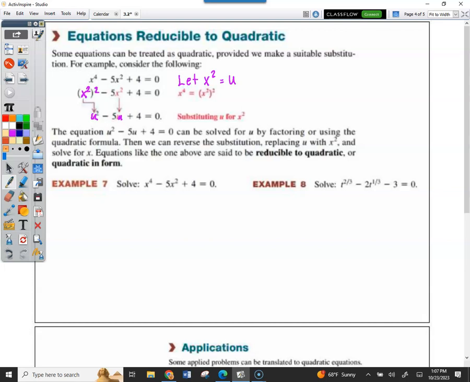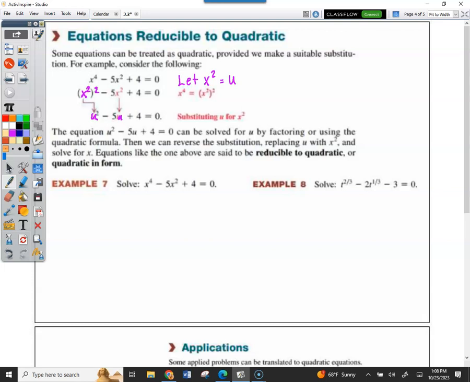You do need to remember if a polynomial has degree 4, then that means it can have up to 4 solutions. So if I give you a degree 4 polynomial and you only have 2 solutions, there's actually 2 more that you've left out. So that would not be full credit.